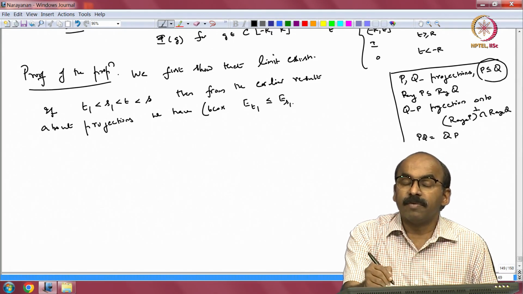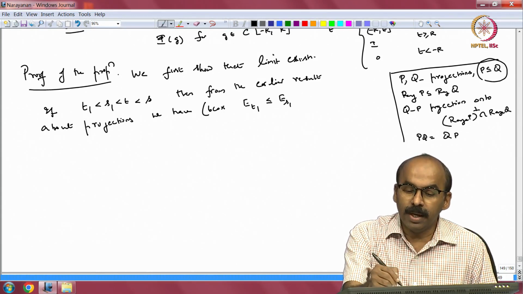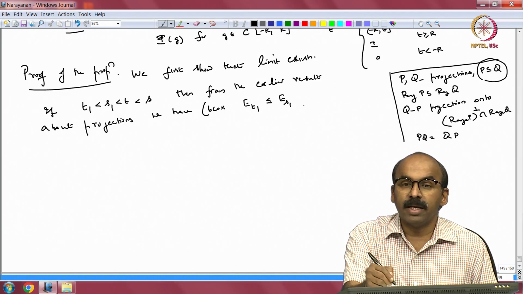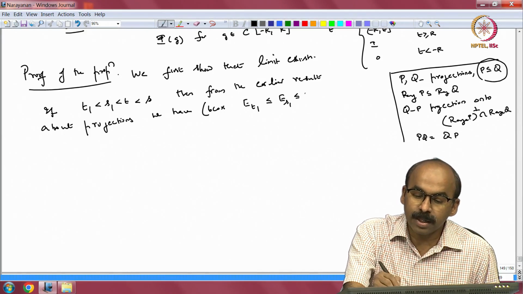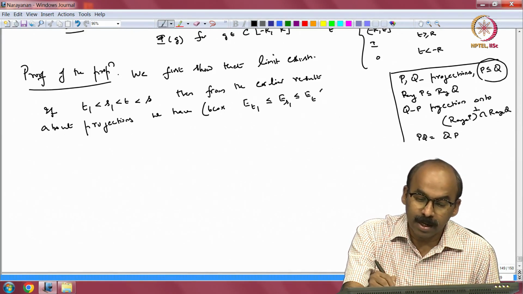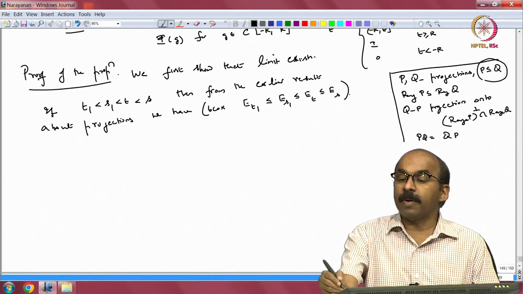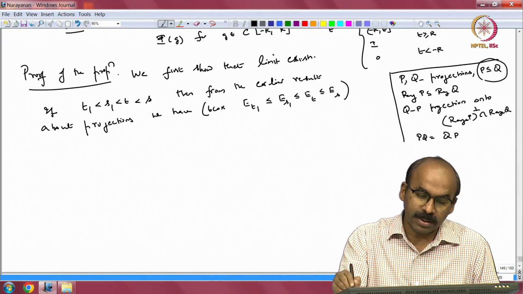These are self adjoint operators, and so E T 1 less than or equal to E S 1, meaning E S 1 minus E T 1 is a positive operator, right, less than or equal to E sub T less than or equal to E sub S, right. We have this, and we can apply the result for projections.